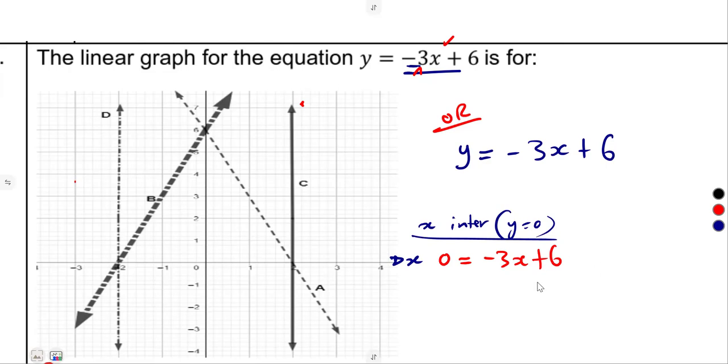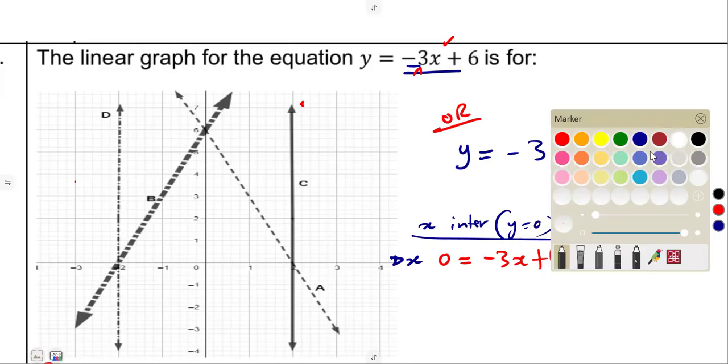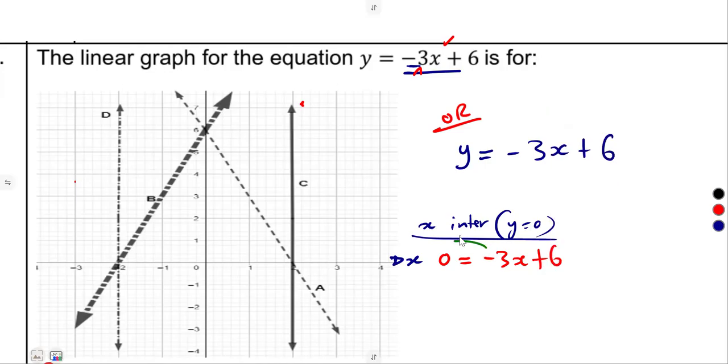Solve for x. Take the minus 3x to the other side of the equation, it's going to be positive. 0 plus 3x is 3x. So 3x is equal to 6. Divide by 3, divide by 3. So x is 6 divided by 3, that's going to be 2.